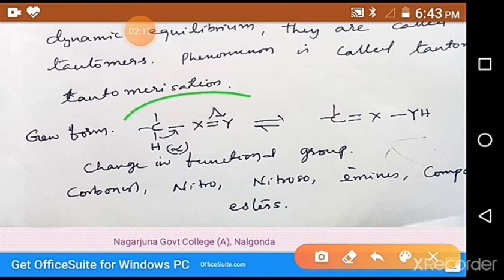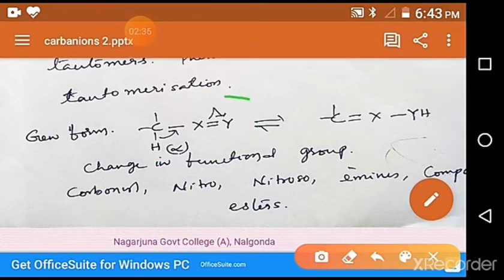So this is a compound. What is the necessary condition for a compound to exhibit tautomerism? A compound should have an alpha hydrogen, and the compound must have a double bond.